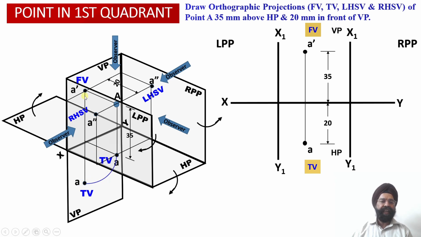So A dash and A are available on the same vertical projector line over here, and this distance is equal to 20 millimeter. So at a distance of 20 millimeter below the XY reference line, we have obtained point A, which is the top view orthographic projection of the point obtained onto the horizontal plane over here.